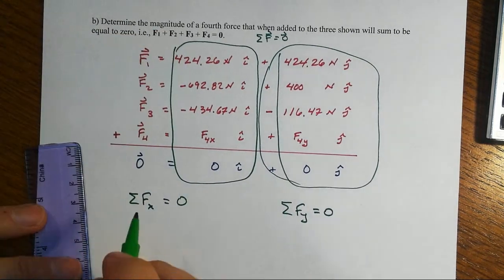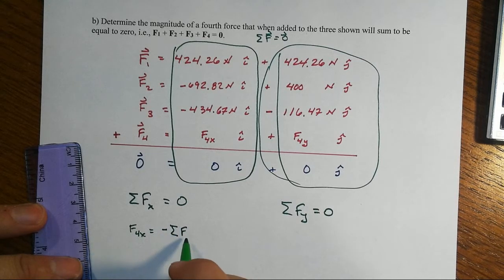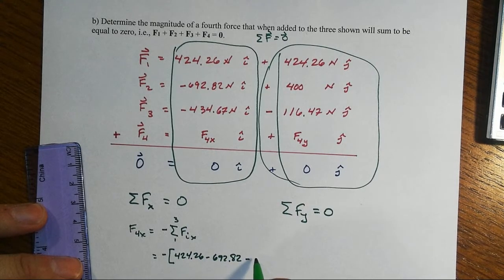We just sum these up, so that means that F4x would be equal to the opposite of the sum of the others from 1 to 3, which would be the opposite of 424.26 minus 692.82 minus then the 434.67.